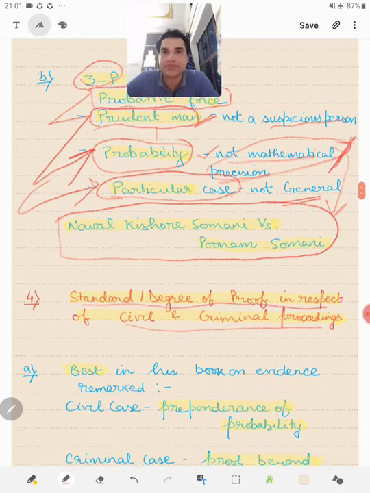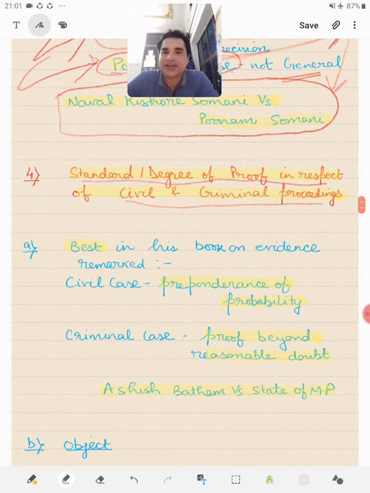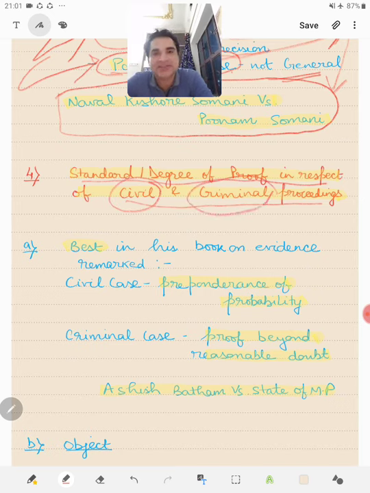Now, is this degree of probability the same in civil and criminal proceedings? Is the degree of probability that is required for a thing to be proved, for a thing to be disproved, the same in civil and criminal proceedings? The answer to this is no.